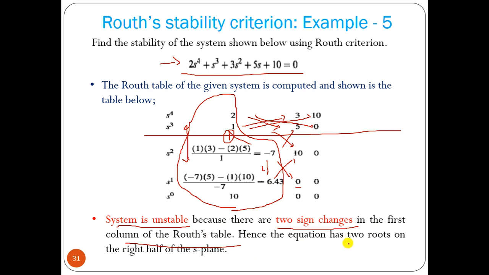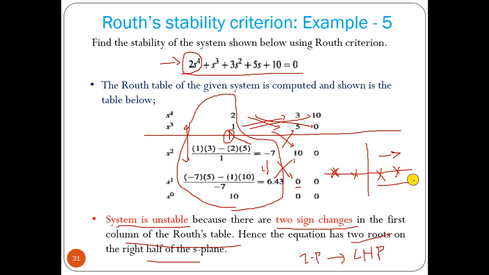That means two roots are on the right half of the S plane. Because the order is 4, 4 poles should be there. So we can say two poles on the right half plane, two poles on the left half plane. That means the system is unstable because of poles on the right half plane.